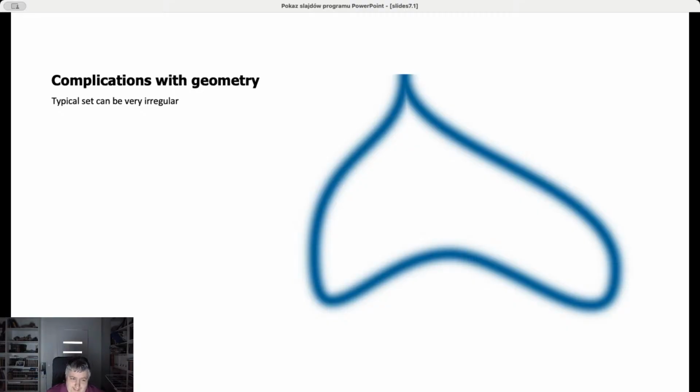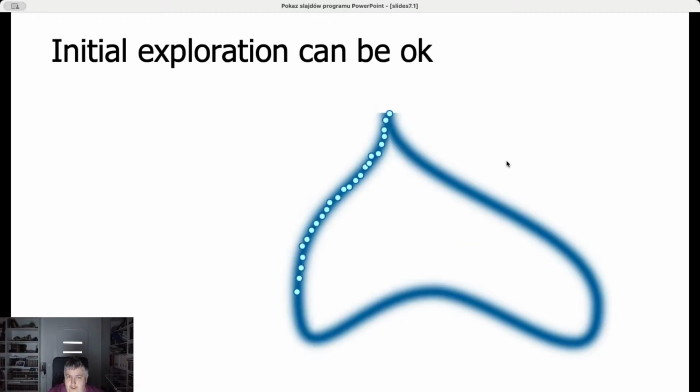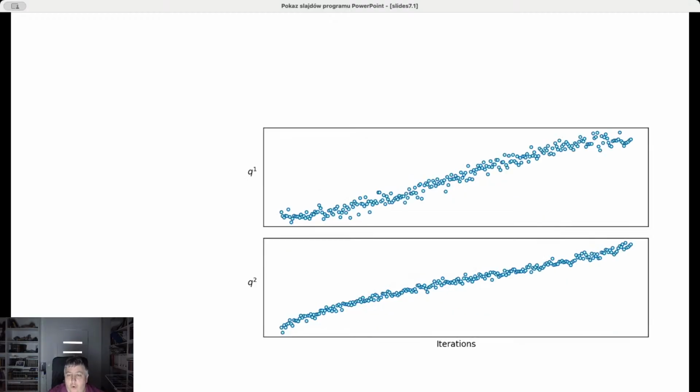Unfortunately, this is not as good as we would like, because the typical set will not necessarily be very regular. It can even be very irregular with, for example, sharp edges. And initially, the Markov chain will be okay, we will get to the proper place and we'll walk around here. So iterations of the Markov chain will move in the proper direction.